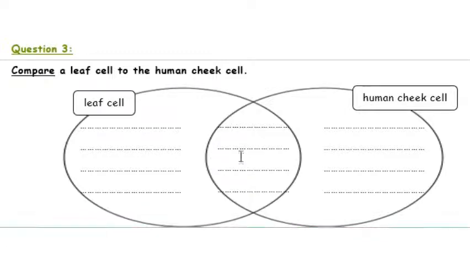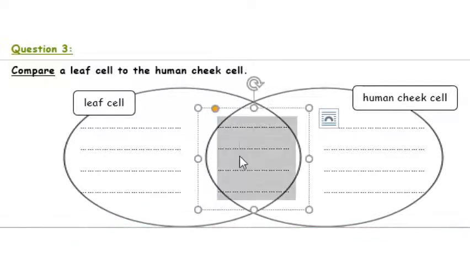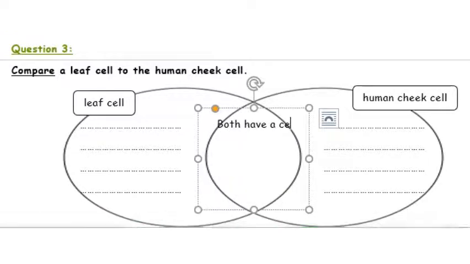Let's start first by writing the similarities. Both have a cell membrane, nucleus, what else? Cytoplasm, vacuoles, mitochondria.